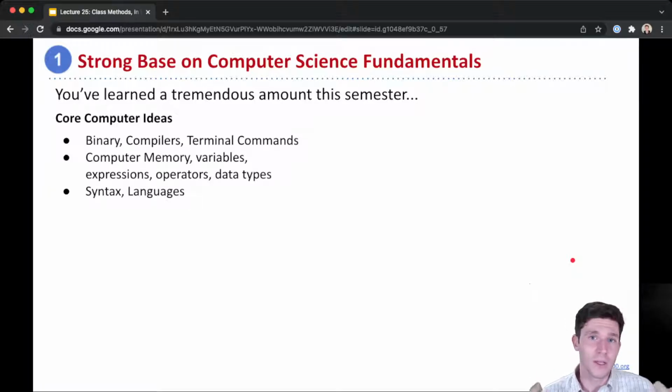Understanding how the language that we write gets translated into something the computer can understand through a compiler. You learned how to use the terminal. You learned about concepts of memory, why memory is important for problem solving, and how computer memory works. About variables and expressions and operators and data types. These most core ideas, primitives we can call them, are required for any kind of programmatic thinking. And we talked about what syntax is and what languages are.